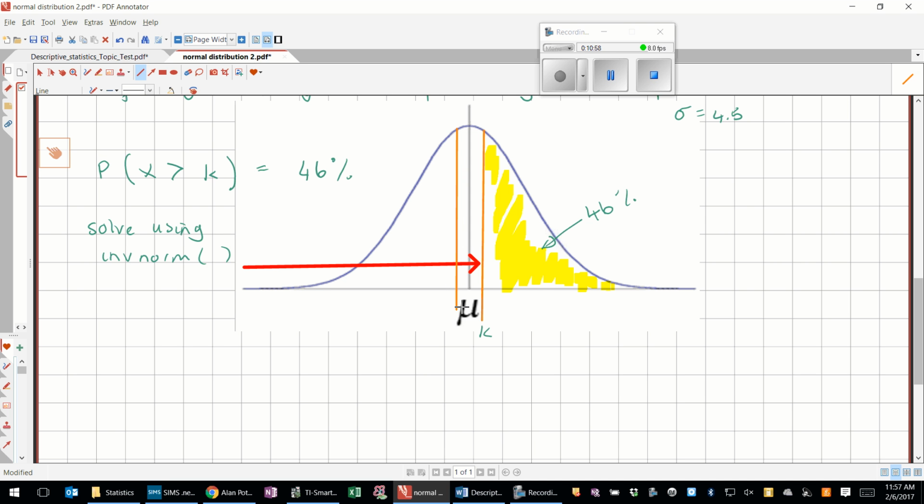So how do I actually get the 46% I want? The calculator is going to do this region. That's what the calculator will do. So I do what?